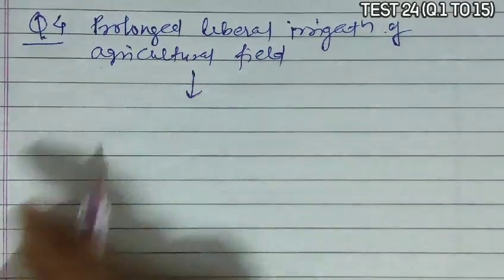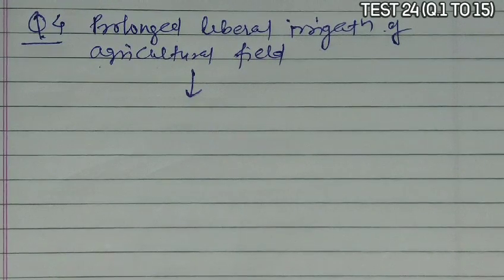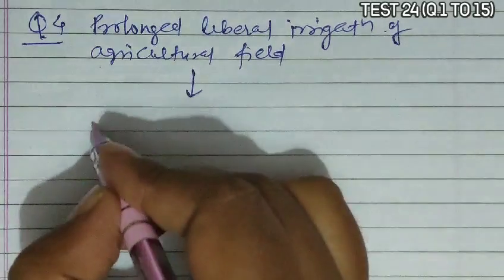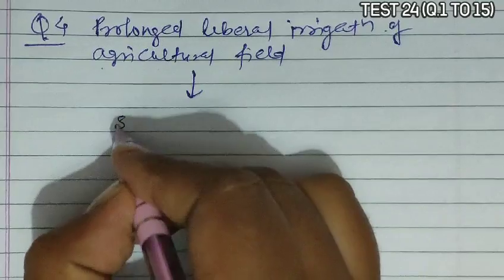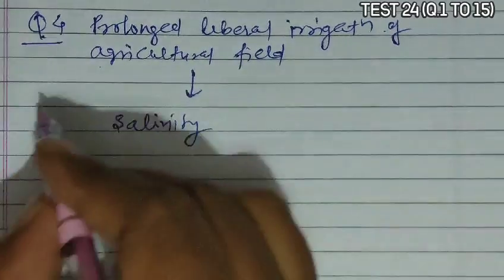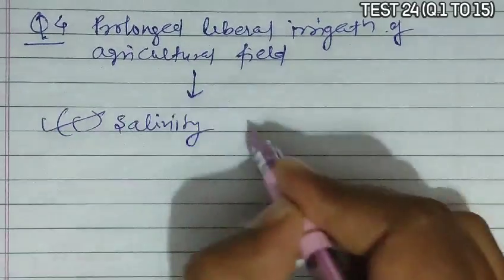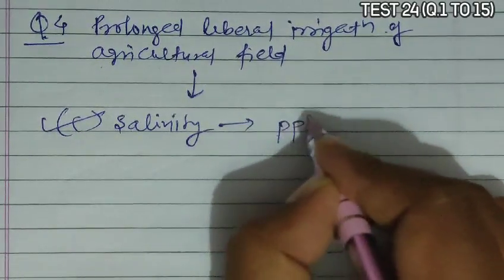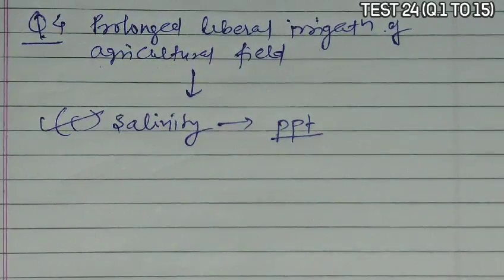So due to the liberal irrigation, what will happen, water will be applied periodically, and due to the continuous periodic water application, the proper water content is absorbed by the plants, and due to which the salt concentration in the nearby area increases, so it will create a problem of salinity. So C is the correct answer. Remember, salinity is measured in parts per thousand.